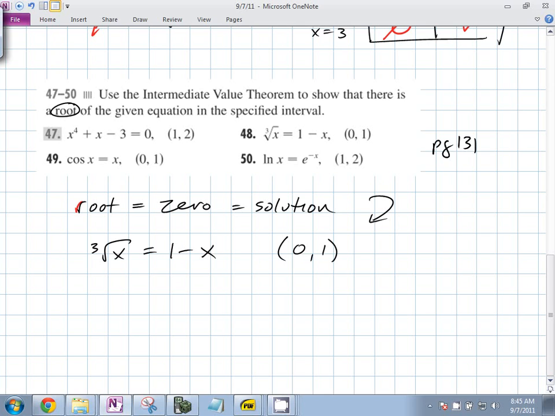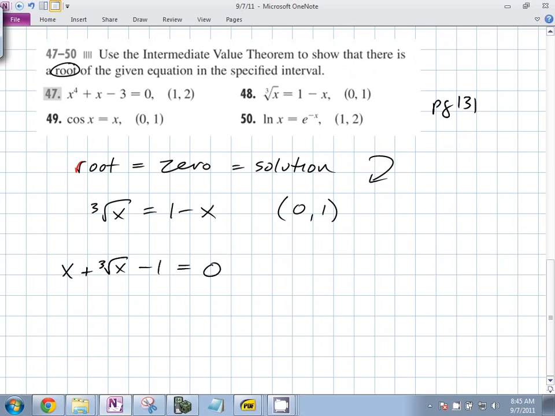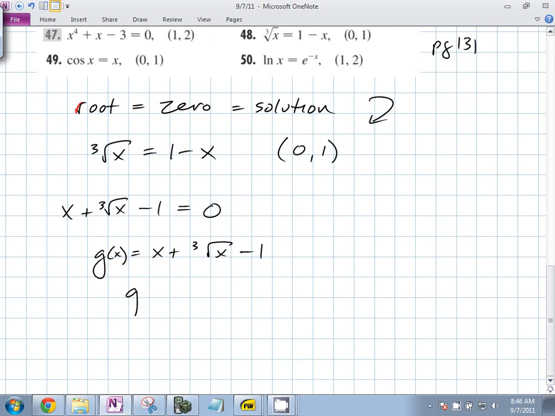So you're going to end up with x plus the cube root of x minus 1 is equal to 0. Let's call this function g of x. A solution to this function is something that makes this equal to 0. Is this a continuous function? Why?